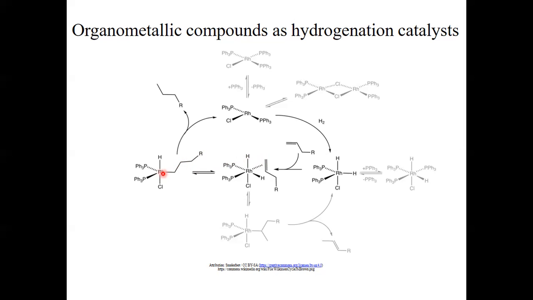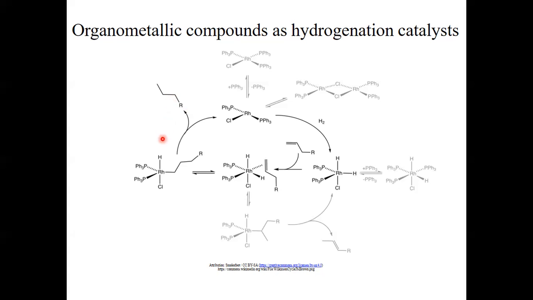Okay, and then this complex here can undergo another reaction to form then the alkane. And then we have actually completed our hydrogenation reaction. We have transformed an alkene to an alkane. And that reaction step, of course, would also have a name, which would be reductive elimination.